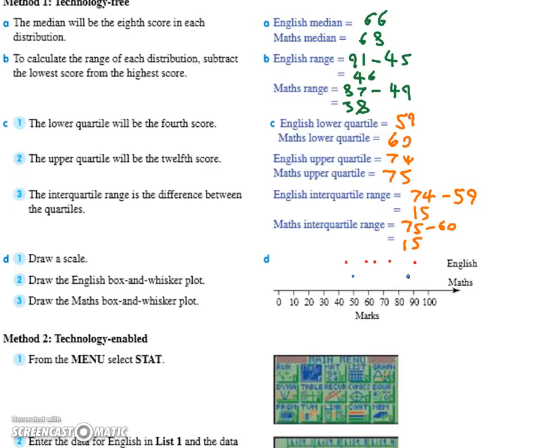Then your lower quartile is 60. And your upper quartile is 75. And your median is 68. 5 dots. Everyone happy with that? So building a box and whisker plot, you got 5 number summaries, so you got 5 dots. I've only got 3 minutes to do this.